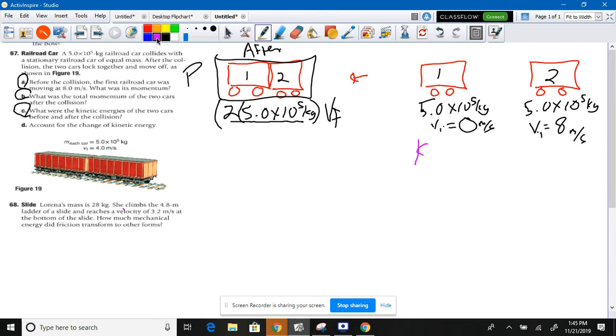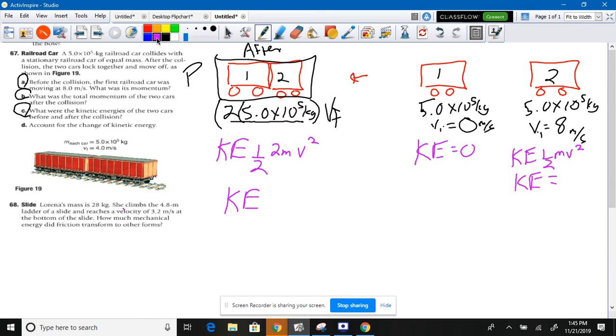The kinetic energy of this one is 0. The kinetic energy of this one, 1/2 mv squared. You solve that. For these two, it's 1/2, and then you have to double the mass, so double the masses, v squared.